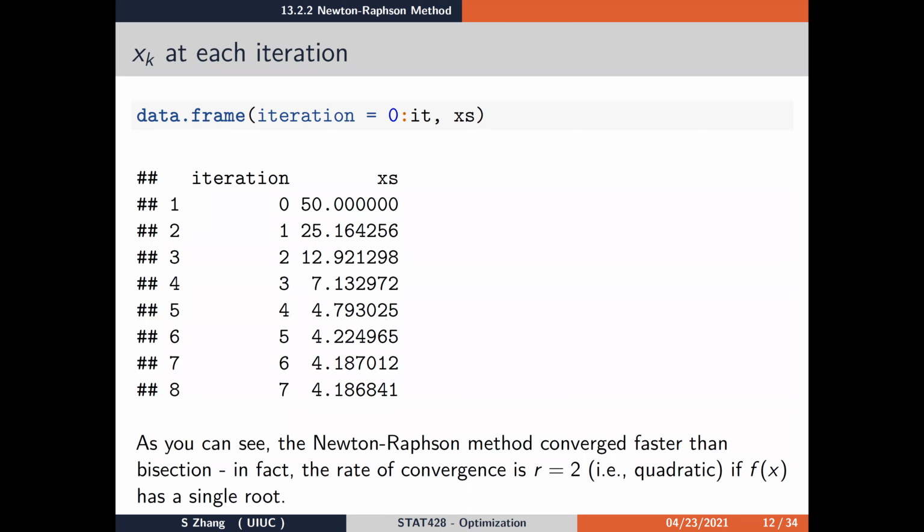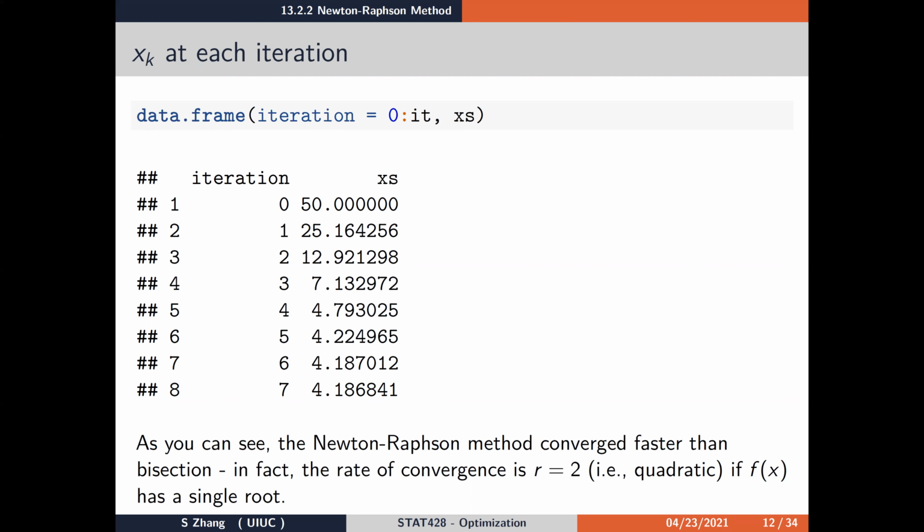And here are the xk values at each k, so the x guesses at each iteration. We started with 50, and then you can see that in as little as 7 iterations, it converged to something that's really close to the true value.